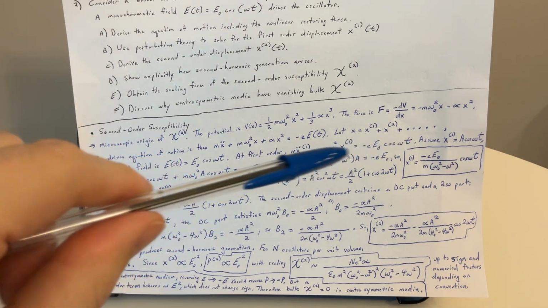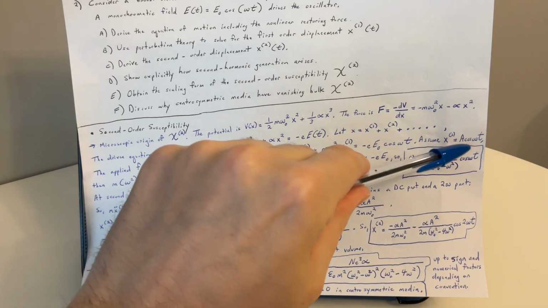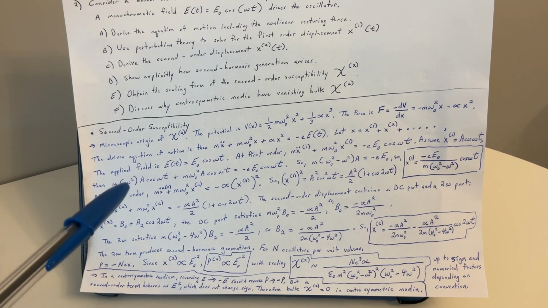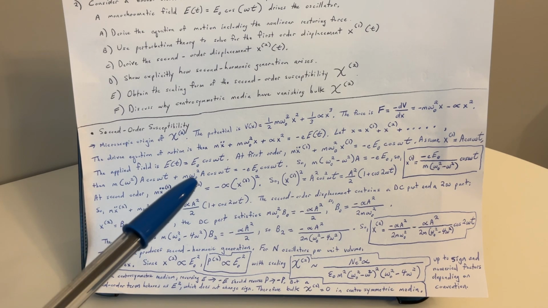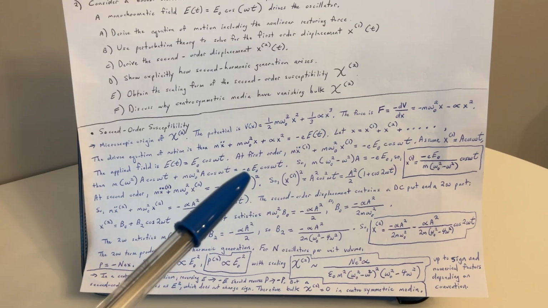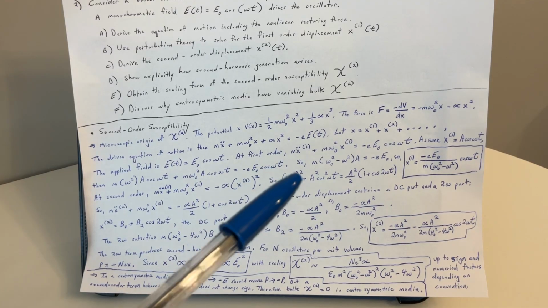And from here, we're going to assume this x first order equals a cosine omega t. Then what we could say here is that negative m omega squared a cosine omega t plus m omega naught squared a cosine omega t equals negative e E naught cosine omega t.